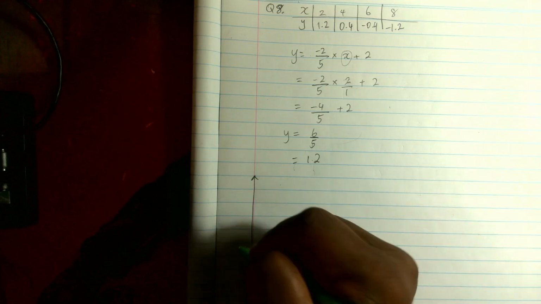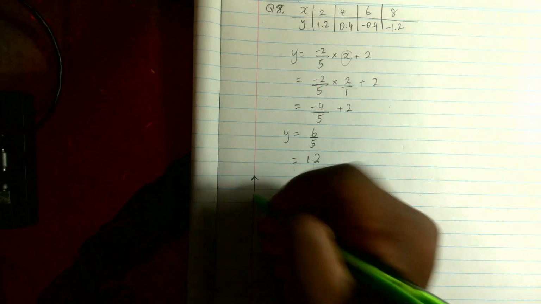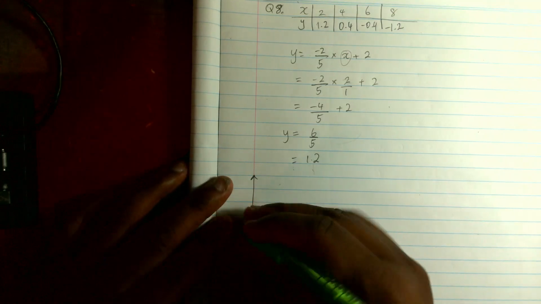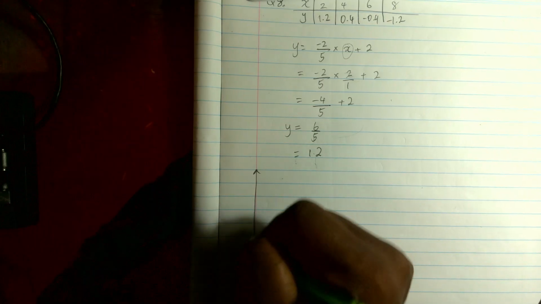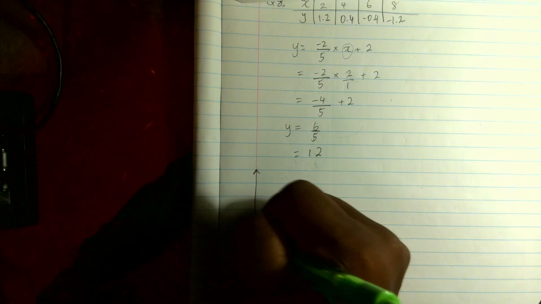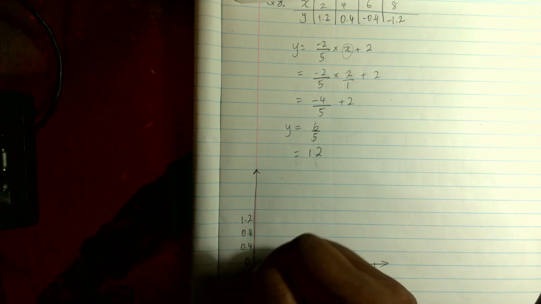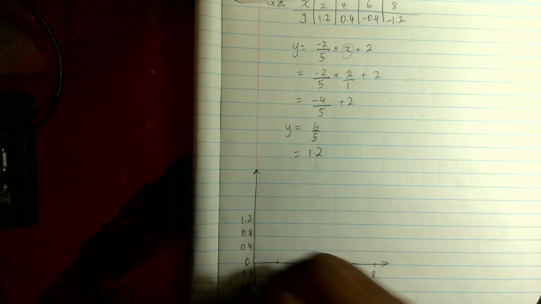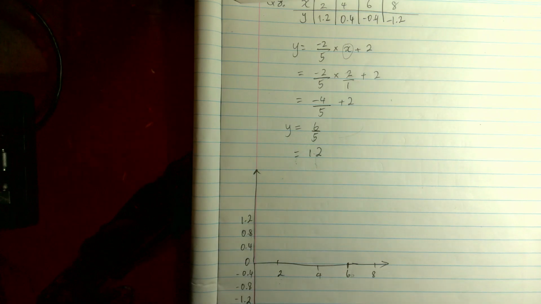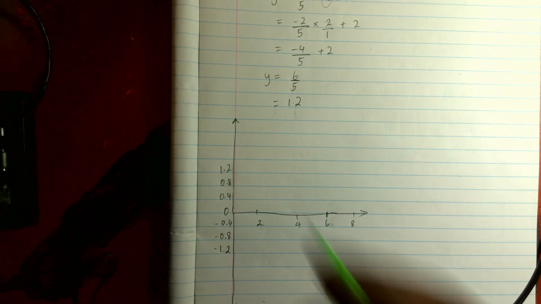If I go up in 0.4, I have 0.4, 0.8, 1.2, and -0.4, -0.8, -1.2. My y-axis really didn't need to be that long, but here we are.